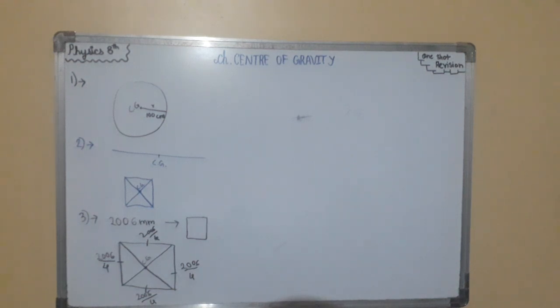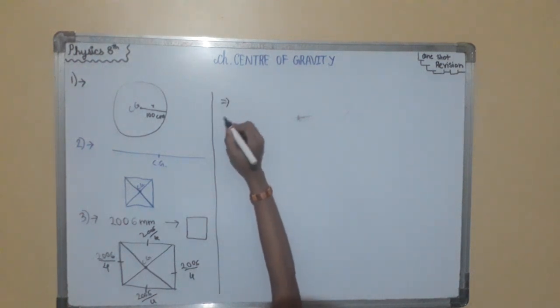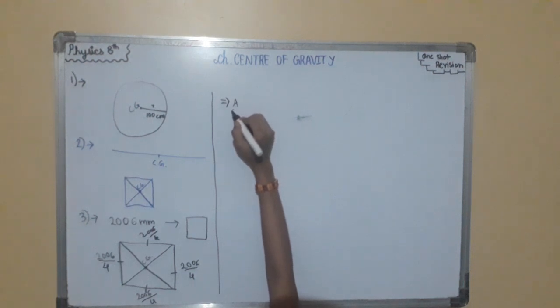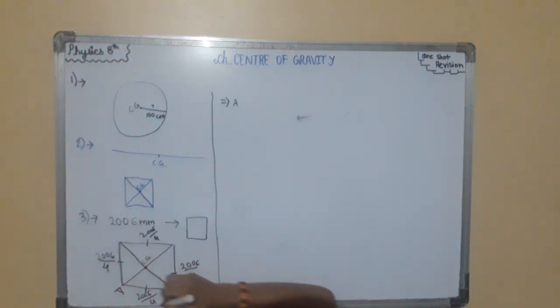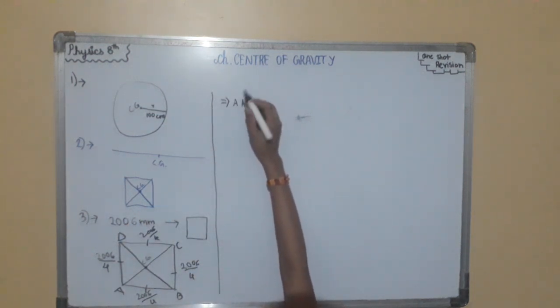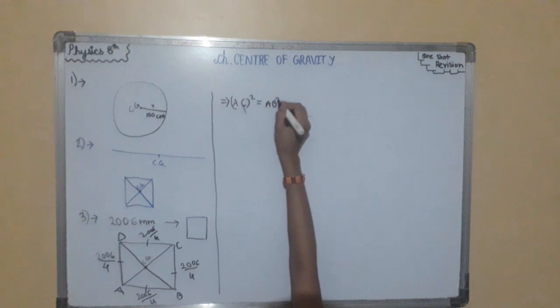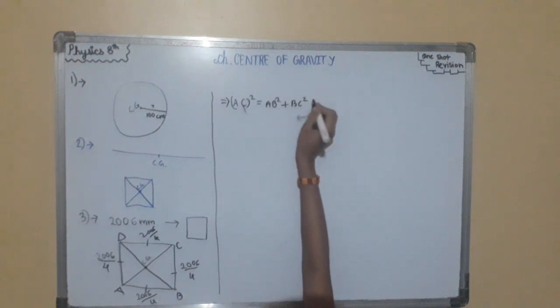Also, the position of CG in a square is the point of intersection of the diagonals. Join AC and BD. So, we will apply the Pythagoras theorem in this. First, we will name the square A, B, C, D. AC whole square is equal to AB whole square plus BC square.